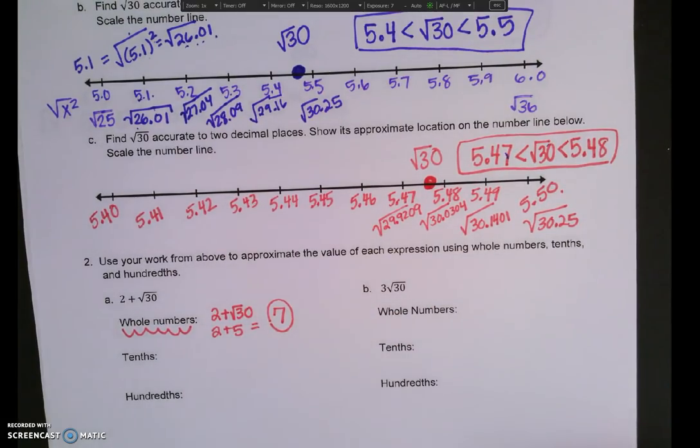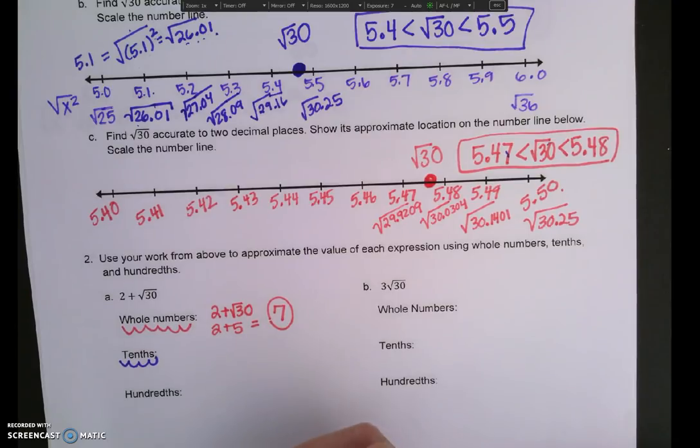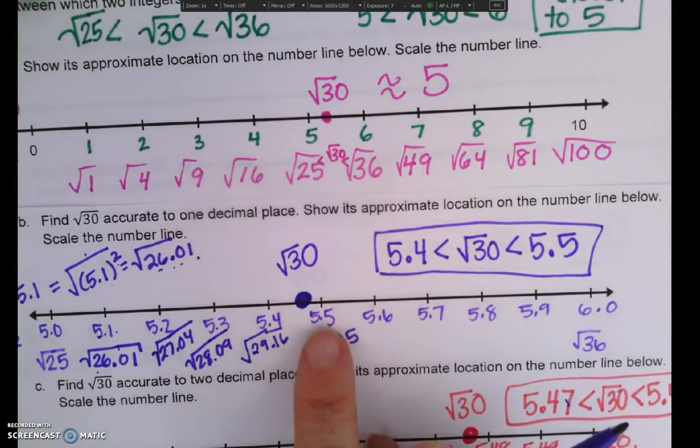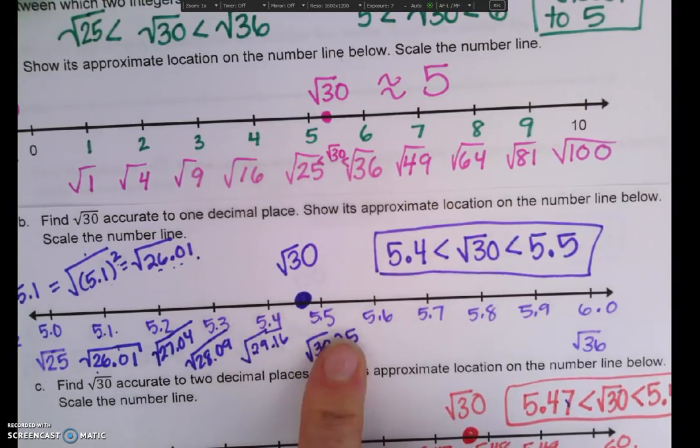Well, what if I want a more accurate answer? I want to the nearest tenths. Well, what was our approximation of radical 30 to the nearest tenth? We said to the nearest tenth, radical 30 is in between 5.4 and 5.5, but closer to 5.5. So which number should we use?